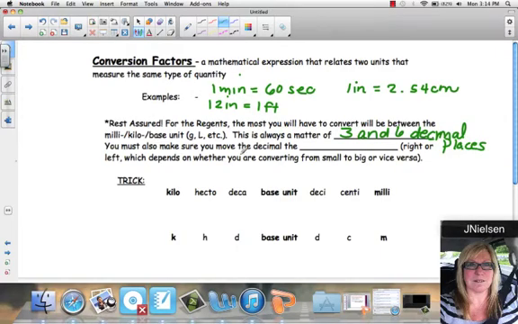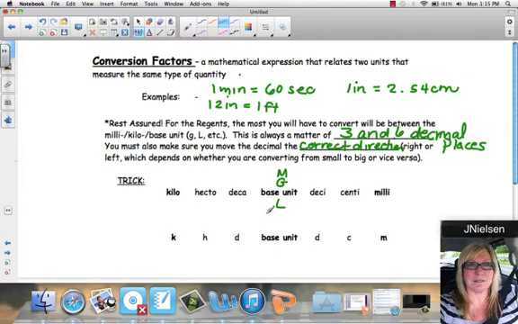You must also make sure you move the decimal the correct direction, either right or left, which depends on whether you're converting from small or larger values. So when we talk about the base unit here, this base unit can refer to meter, gram, or liter. I'm just going to put the symbols, capital M, meter, capital G, gram, L, liter.